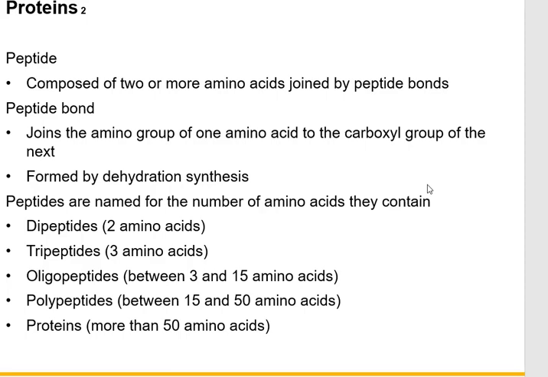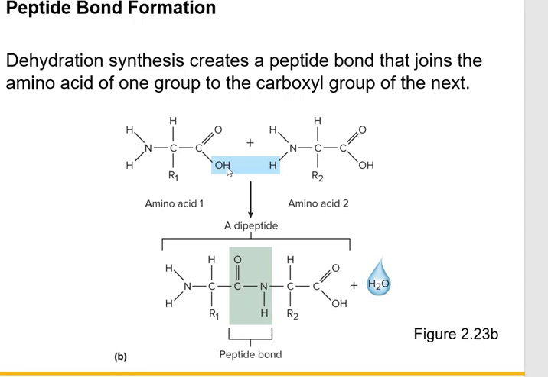I always thought it was confusing because we talked about how the sugars go together and how you remove a molecule of water to do dehydration synthesis, and you do the same thing to join amino acids to make proteins. But for some reason, instead of calling it just dehydration synthesis, they call it peptide bond formation. So anyway, just thought I'd throw that in there.